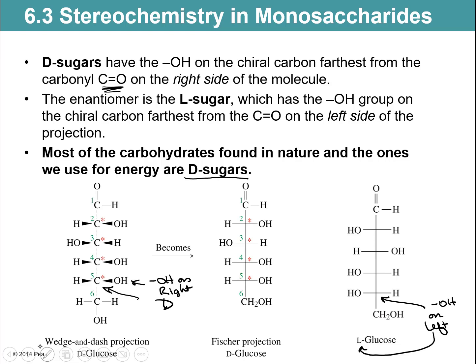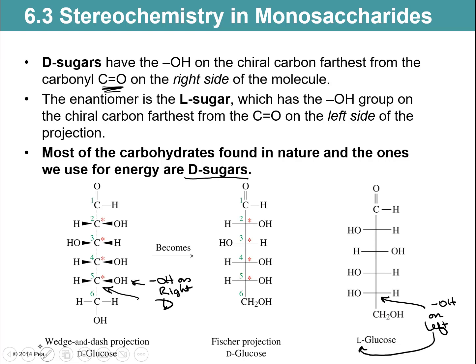When I go down to carbon number 4, do you see that the alcohol group is pointing to the right? The hydrogen is pointing to the left. And then I get down to the one on this end here. So this is carbon number 5, hydrogen on the left, alcohol group on the right. And do you notice that it's not straight?